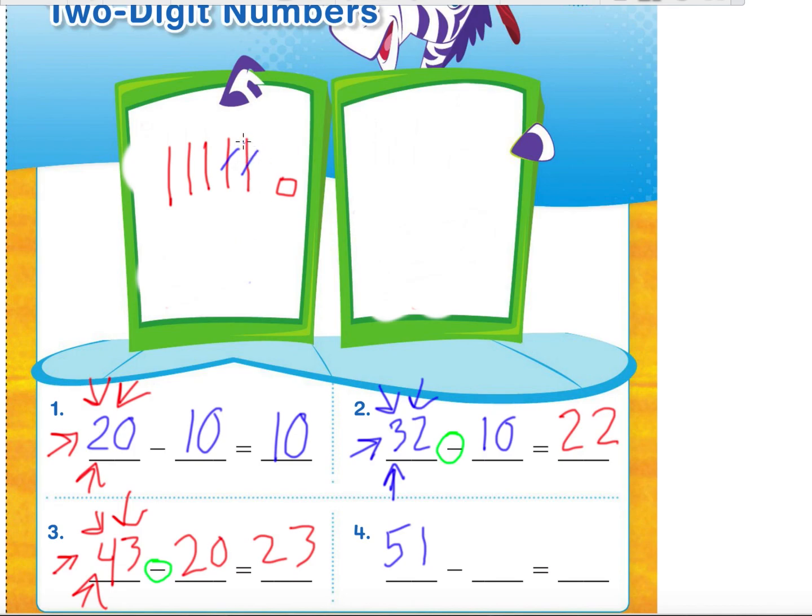We have 2 tens. And if you remember correctly, 2 tens equals 20. So we know that it's going to be 51 minus 20.